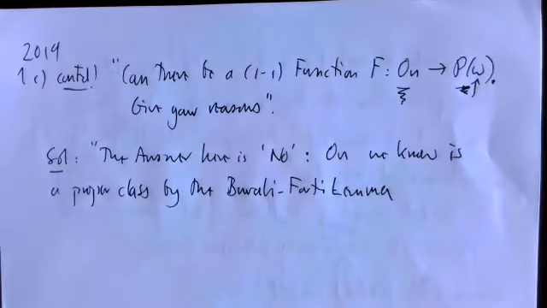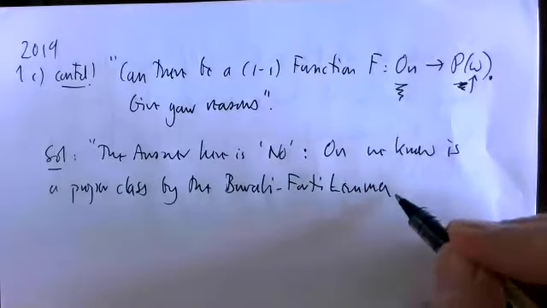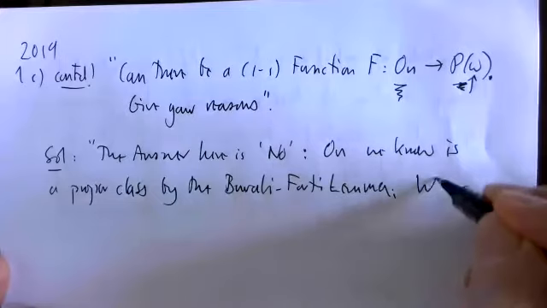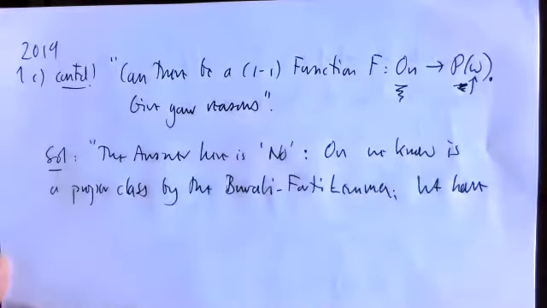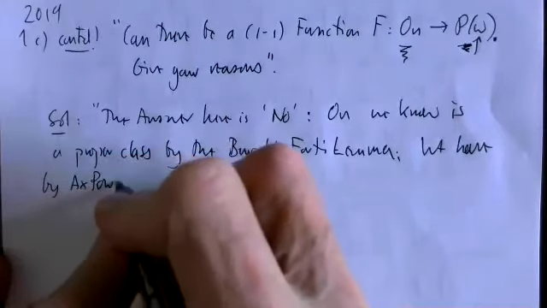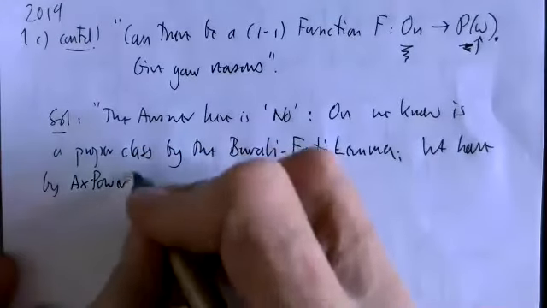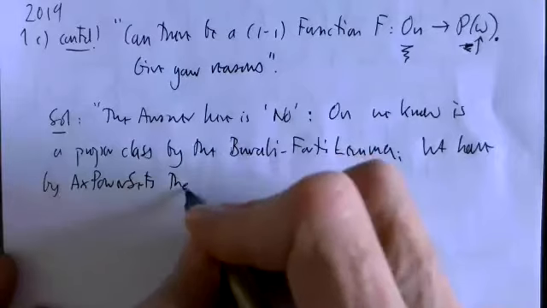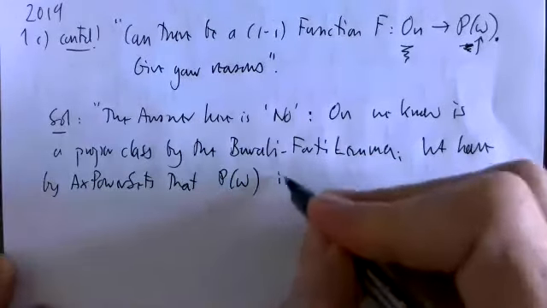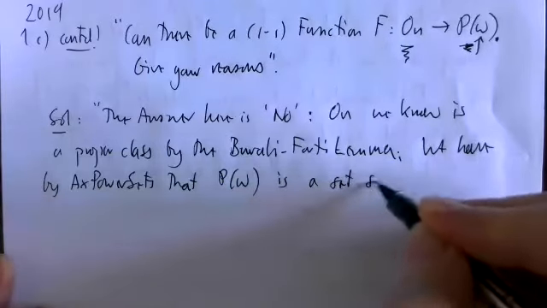So you're giving that fact that we know we have. We have, by the axiom of power sets, that P omega is a set, since omega is.